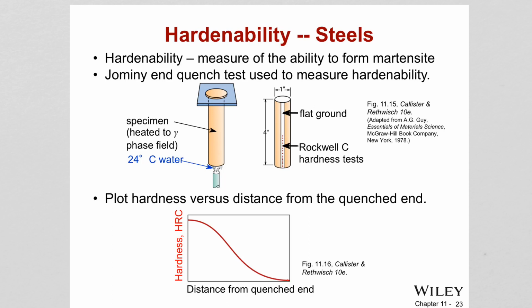If you watch the videos, you're going to see first you put your specimen in the furnace, make sure you have the austenite phase, and the end of the specimen is cooled rapidly. As you see, there is water at the tip of your specimen trying to cool it down, right? We are doing quenching actually.